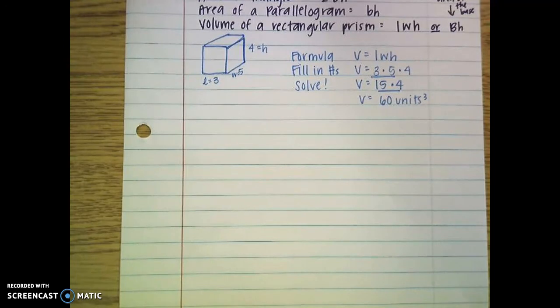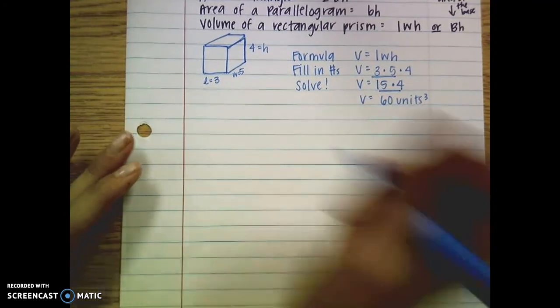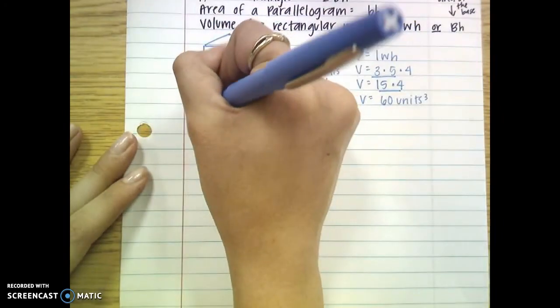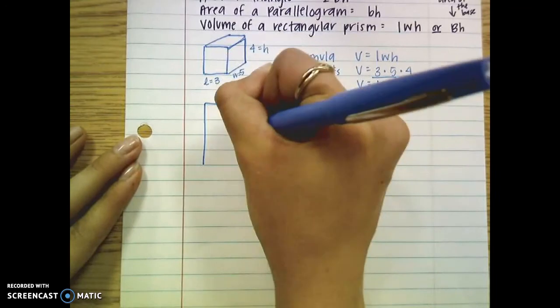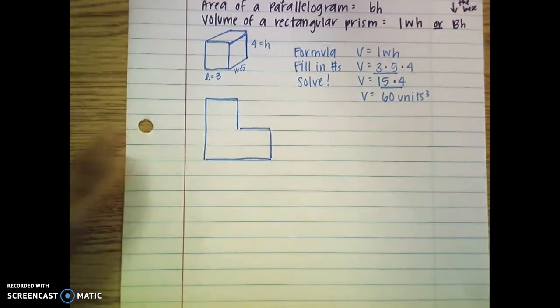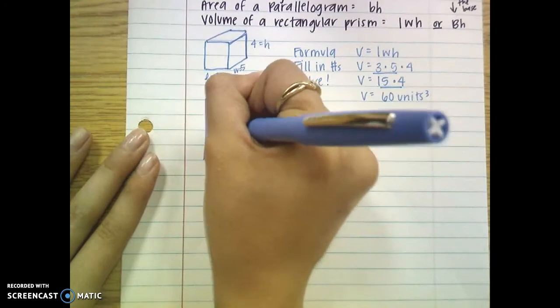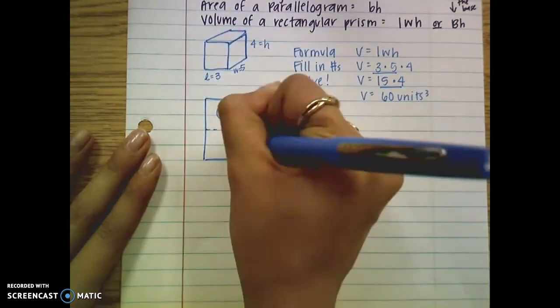If I had a shape that wasn't quite normal, so if I had kind of an L shape, like this one, looking at that, I don't have a formula for L shapes. But what I can do is split it up into shape 1 and shape 2.